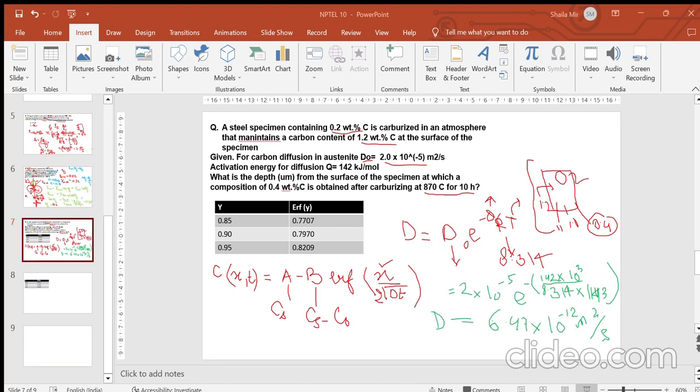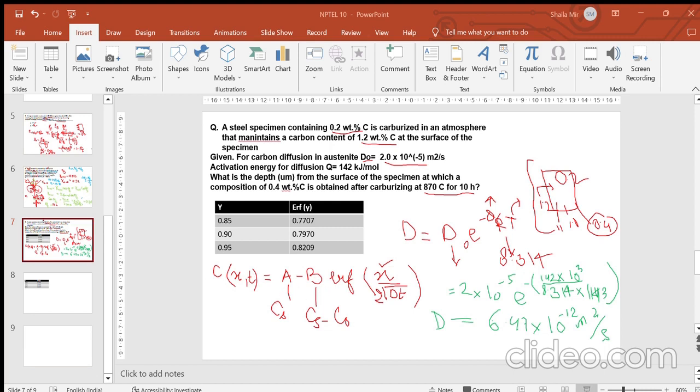So that will be z minus 0.85 by the interpolation method, divided by 0.95 minus this z value, which equals 0.8 minus 0.7707, divided by 0.8209 minus 0.8.